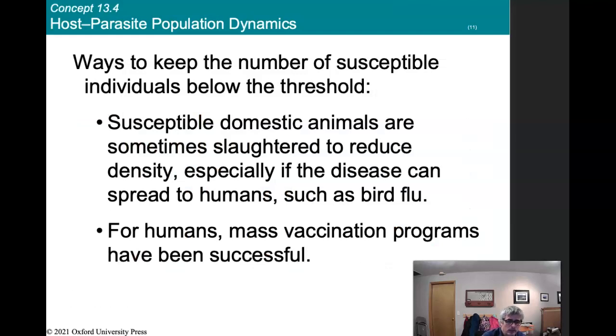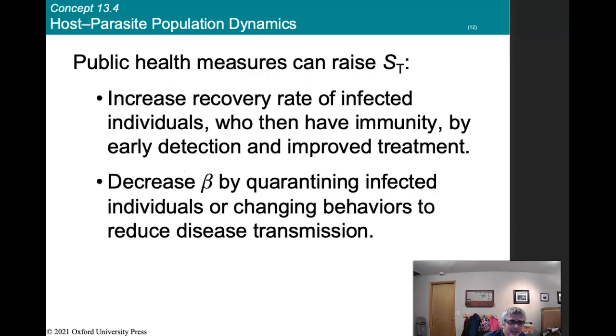And ways to keep, let me scroll over here. I'm going the wrong direction. Public health measures can raise the ST, or the threshold.